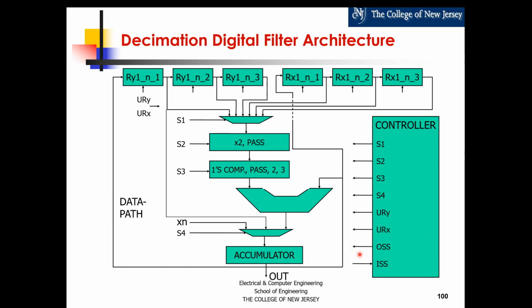Another output of the controller is to let the external entity that is receiving the output of this, the output of the actual analog to digital converter from the accumulator after you finish the process, know that the output is ready.